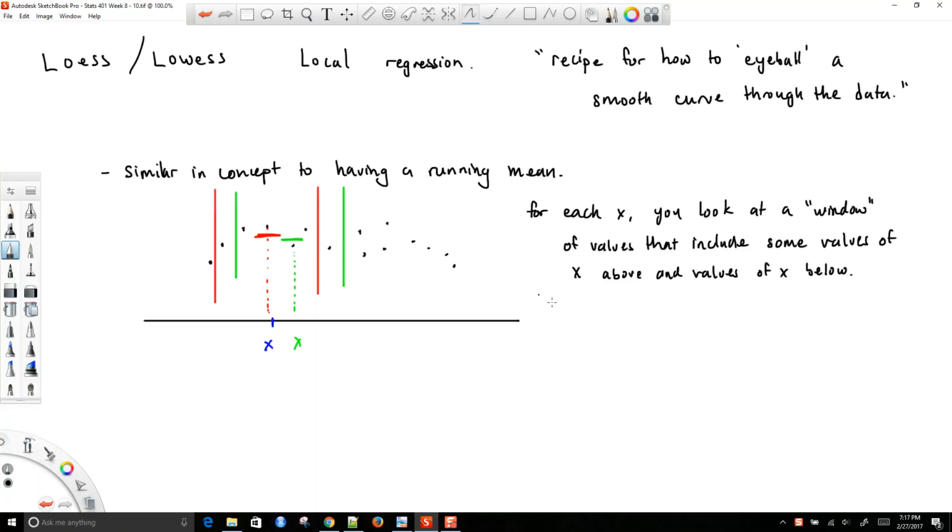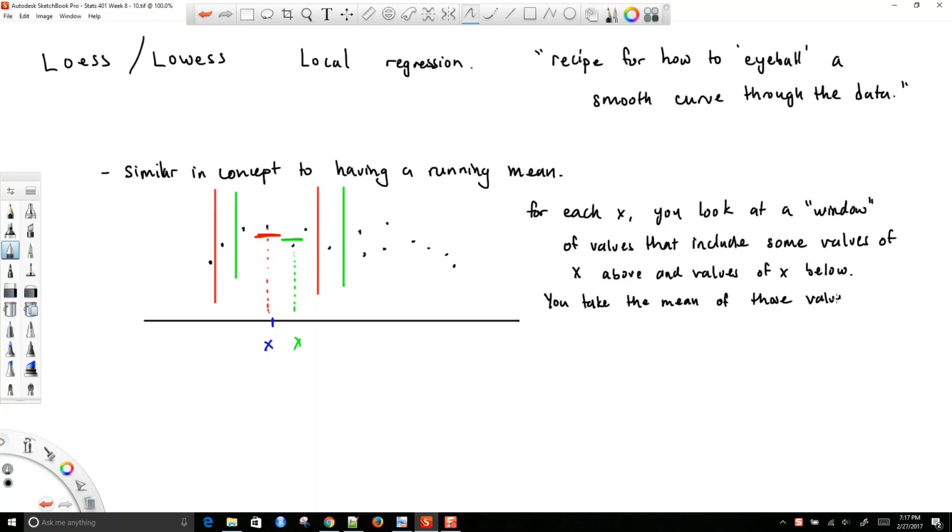Okay, and with local regression, things are similar, except you're not just taking the mean. You're weighting them. So you weight those closest to your value of x to be high, and you weight the values at the fringe of your window to be low.